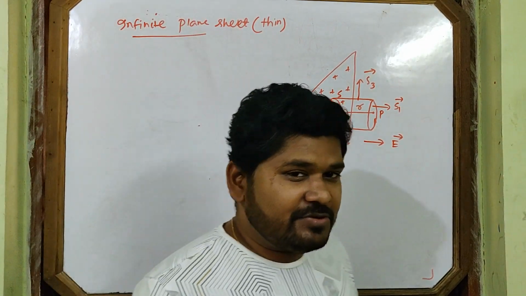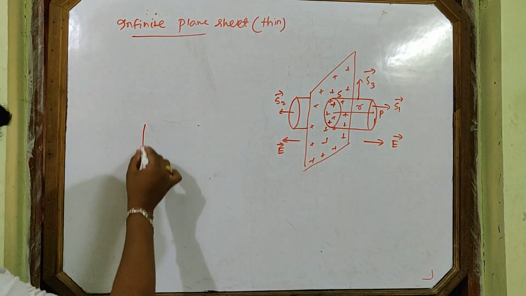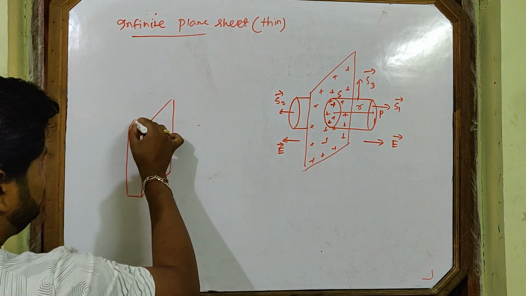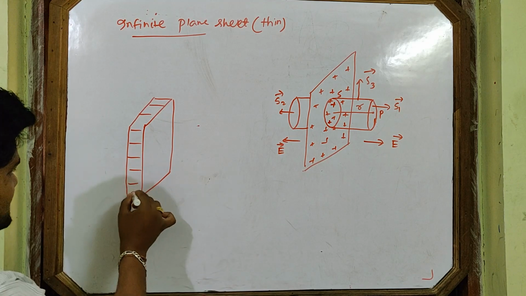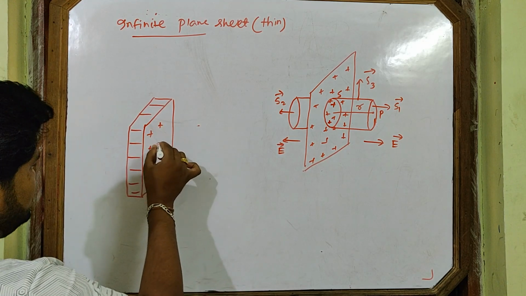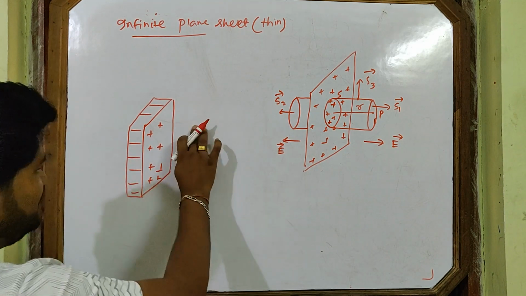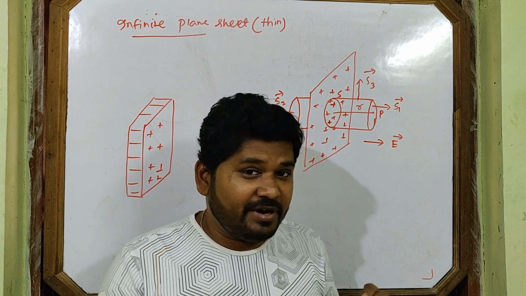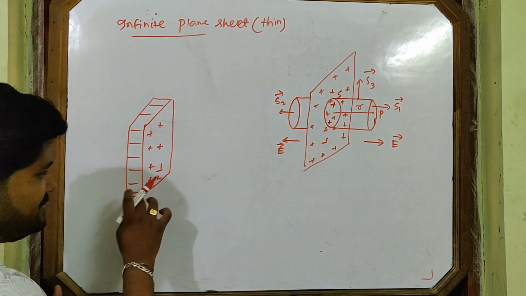But if a thick sheet will come, what is thick sheet? You see, this is one sheet. If this is made thick, the sheet is now thick sheet. Means here also charges present, charges present here. Also charges present at its back. When you find this expression for thick sheet, expression will be different. It's thin; I am discussing now thick. How expression will be different?